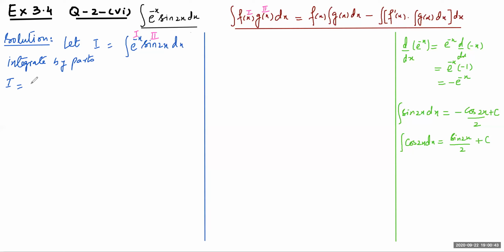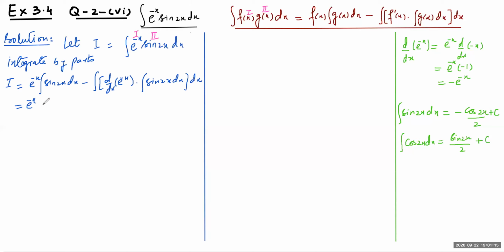Integral I is equal to first function constant, integral of second, minus integral, bracket starts, derivative of first function into the same integral, sine 2x dx, bracket close, and dx. We write in the results with the help of this sidebar, and we get e to power minus x.